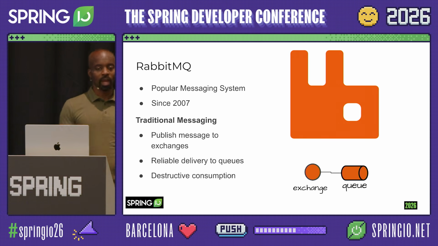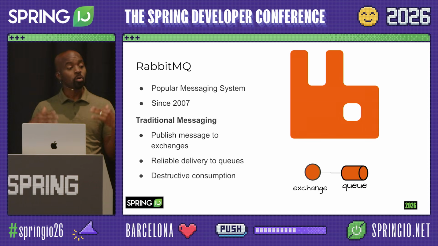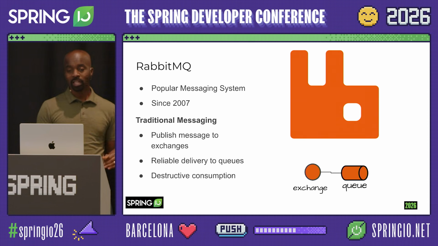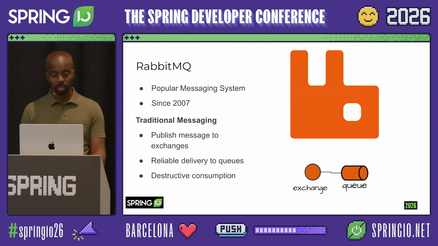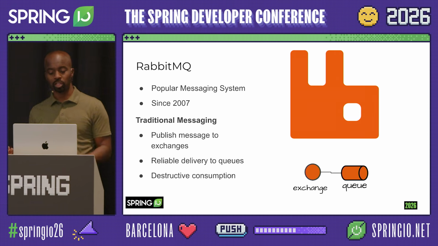Now, with Rabbit, you have this traditional topology, right? So when you publish messages, you publish to an exchange, right? In other systems, you might call it a topic. And then ultimately, those messages are routed to a queue, and there are routing rules on which messages are routed to which queues.